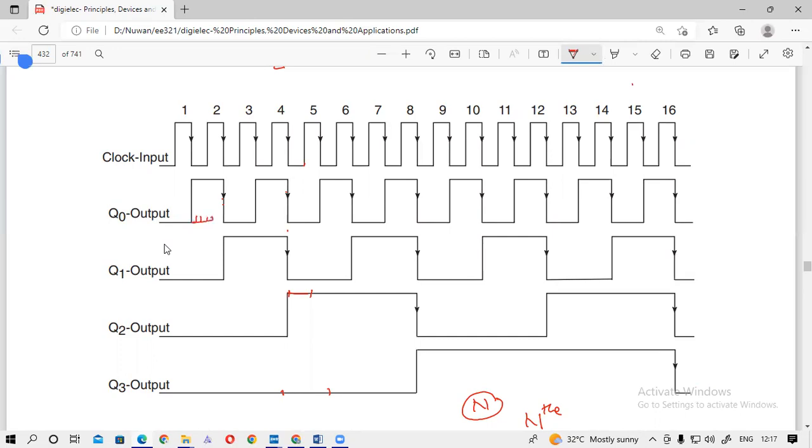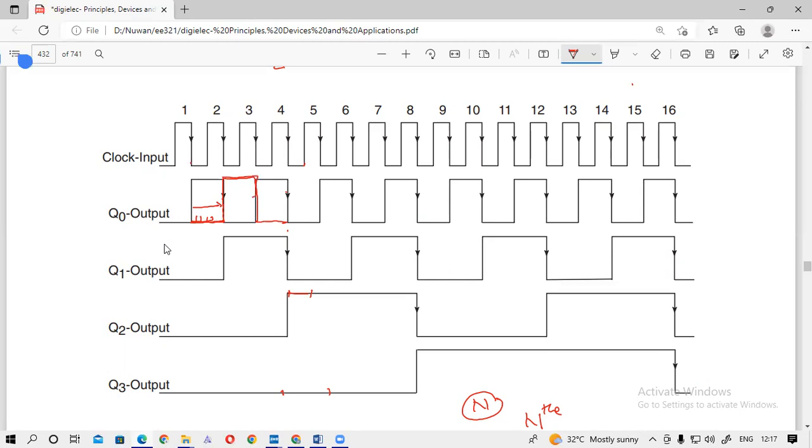And what happens if that delay happens here? One clock cycle, one pulse, is shifted. So the shifted signal will be like this. So what happened?